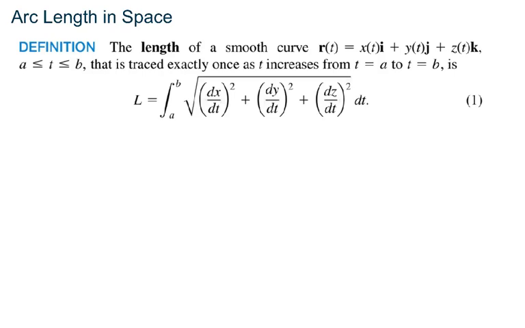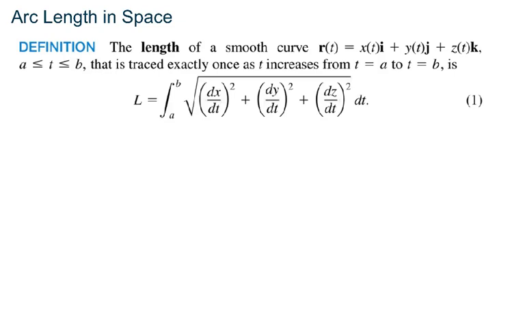So just as for plane curves in Calc 2, we can calculate the length of a curve in space from any convenient parametrization that meets these conditions. Now, if we consider dx/dt, dy/dt, dz/dt, the derivative of our position vector, the derivative is velocity.